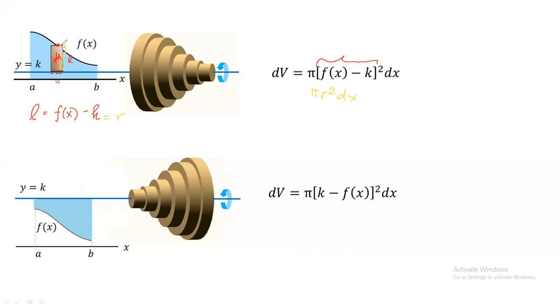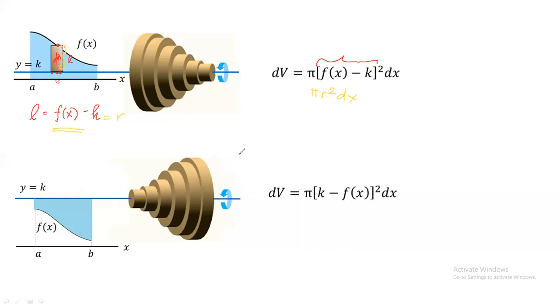So since we are interested in the solid of revolution formed when this particular area is rotated around this axis, your R will be solved using this particular f of x minus k expression, which resembles, of course, the length of this differential area. Do you get it?